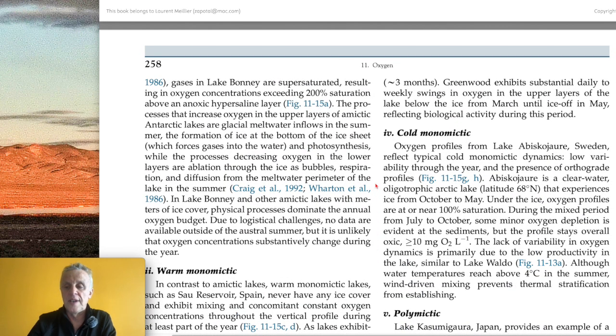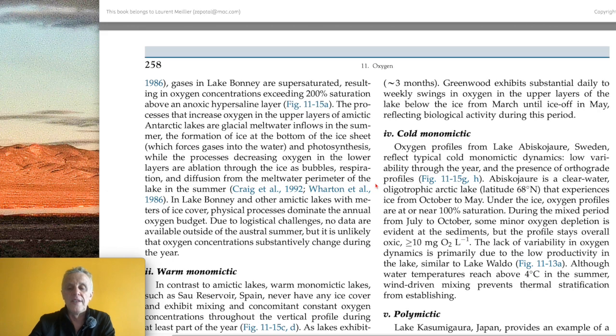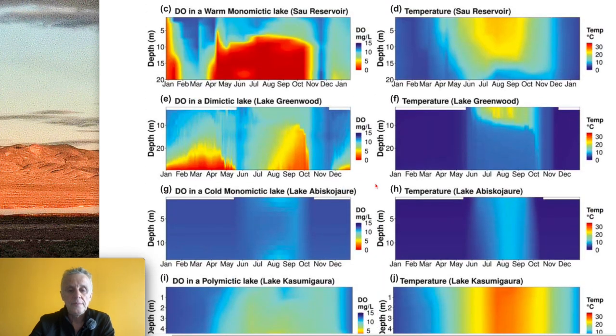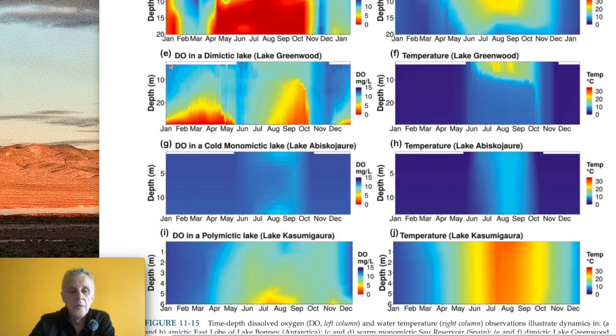Greenwood exhibits substantial daily to weekly swings in oxygen in the upper layer of the lake below the ice from March until ice off in May, reflecting biological activity during this period. So this is Lake Greenwood. We can see the layers of ice that are found between mid-November to early May, and the same pattern here for the temperature.